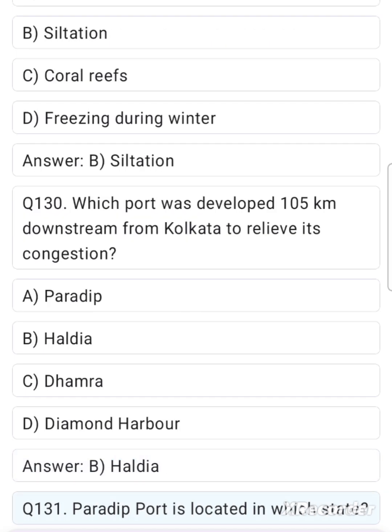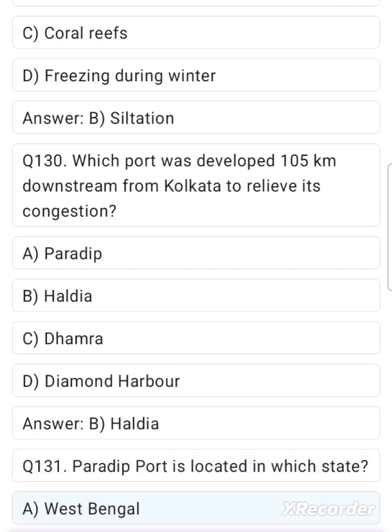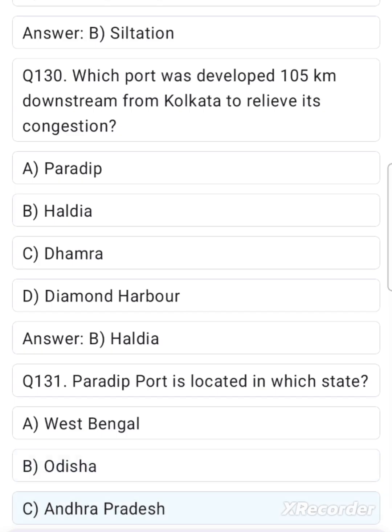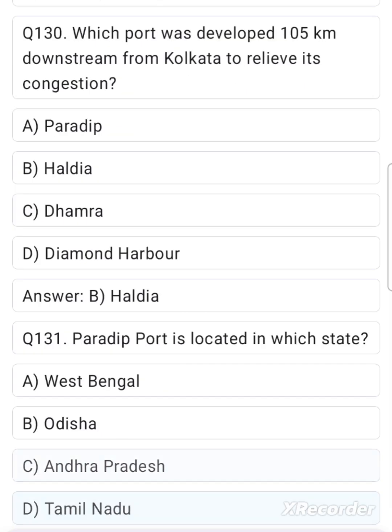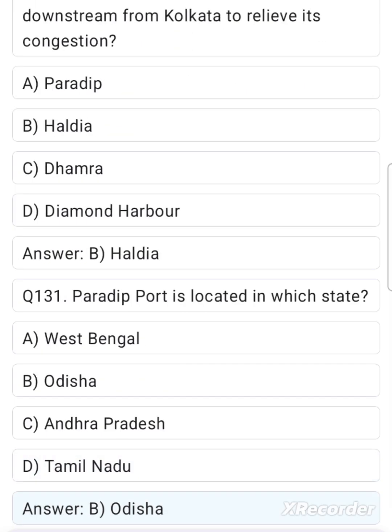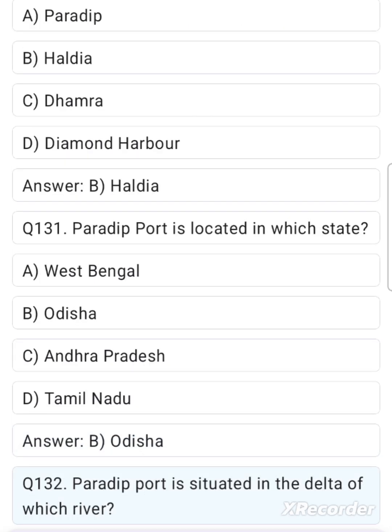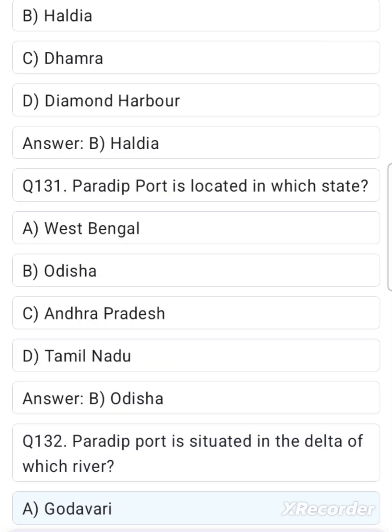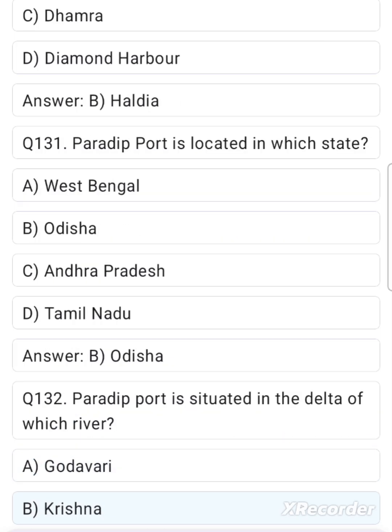Q131. Paradip port is located in which state? A. West Bengal. B. Orissa. C. Andhra Pradesh. D. Tamil Nadu. Answer B. Orissa. Q132. Paradip port is situated in the delta of which river? A. Godavari. B. Krishna.